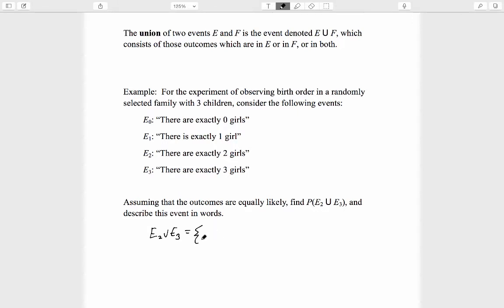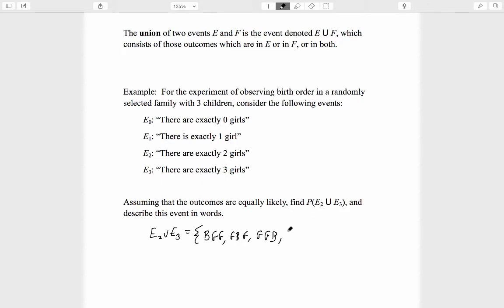What does it take for an outcome to become a member of this club? Well, there are 2 ways to become a member of this club. It can be a member of E2 and thereby get into the club. It can be a member of E3 and get into the club. Or it can be a member of both and get into the club. We have BGG and GBG and GGB. Those are all the outcomes in E2, which are therefore in the union.